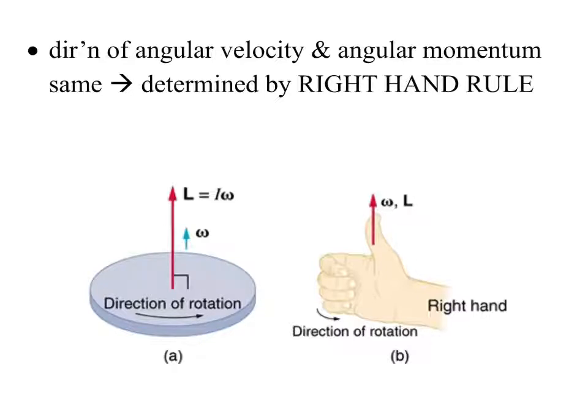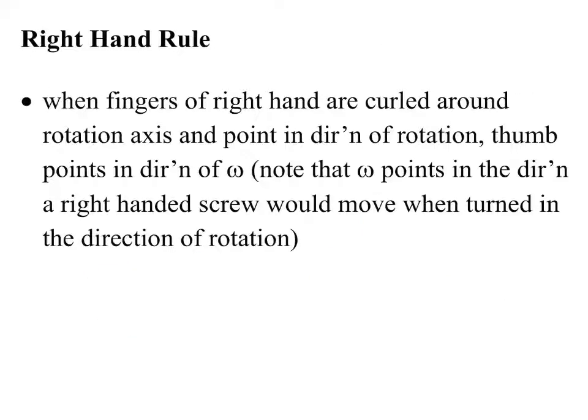If you spin your fingers clockwise in your right hand, then your thumb is pointing down. Your thumb is the direction of angular momentum and angular velocity. Okay, and so that is the direction of our angular momentum, angular velocity, L and omega.